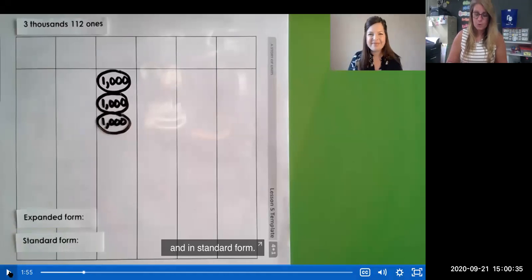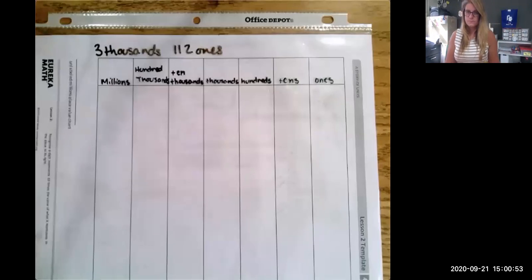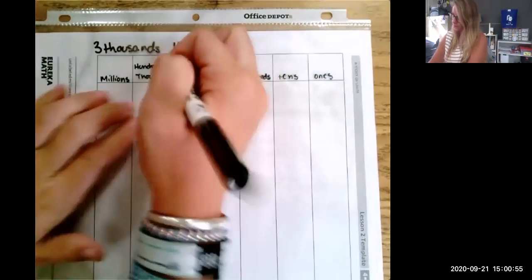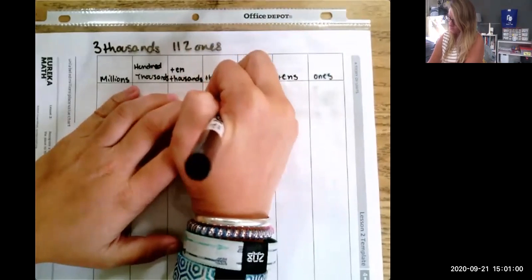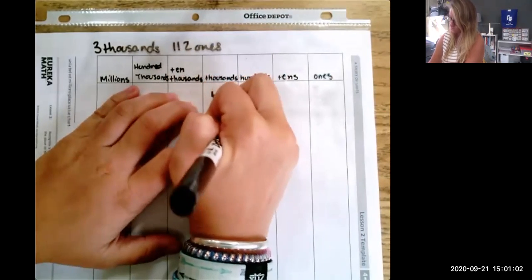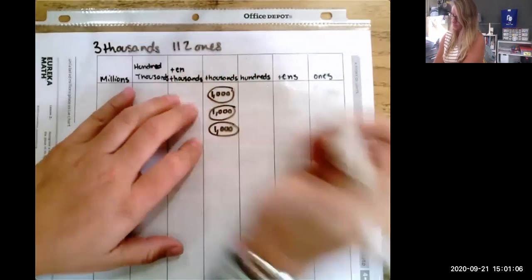We're going to do this problem together. 3,112 ones. Let's do this together. Okay, so we started with our thousands and had those discs in the place value chart.